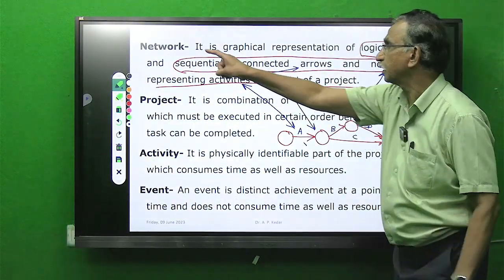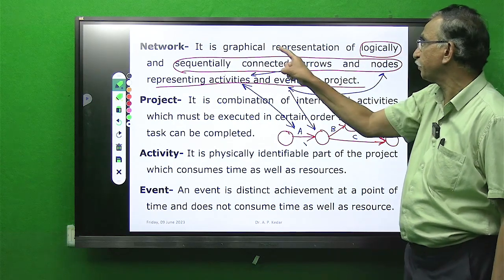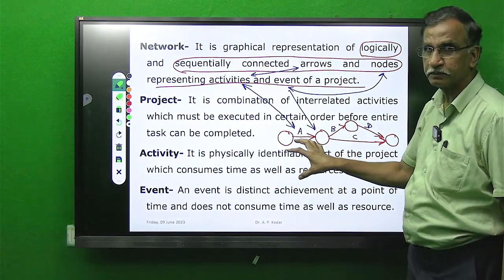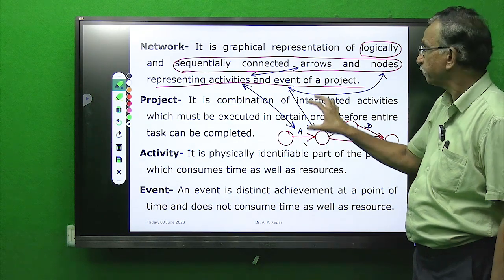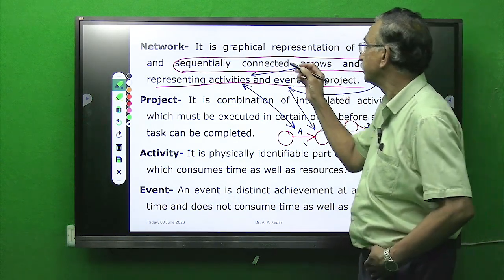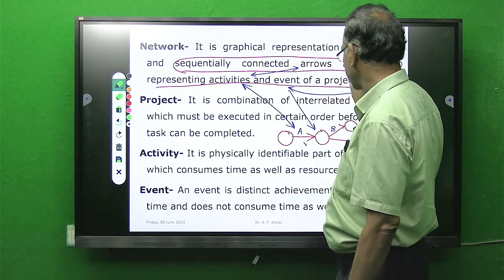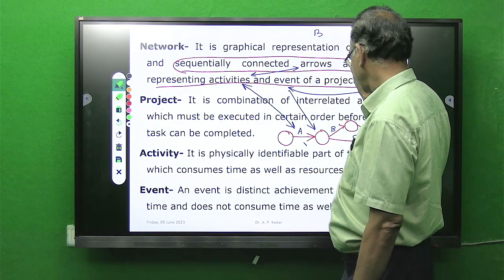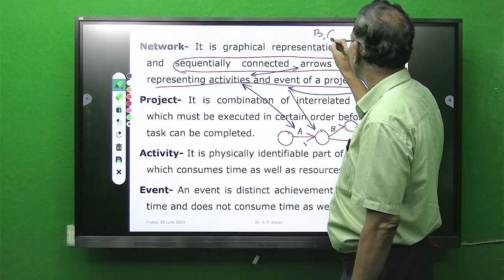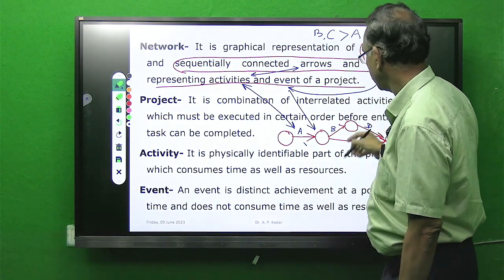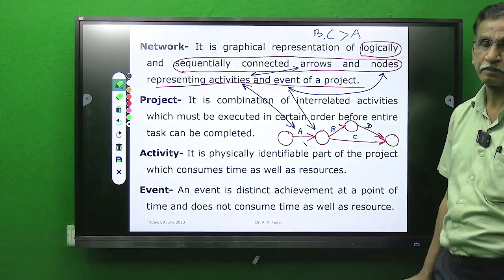What does the definition say? It is a graphical representation of logically and sequentially. Logically, suppose here the logic is B, C greater than A for this particular network.